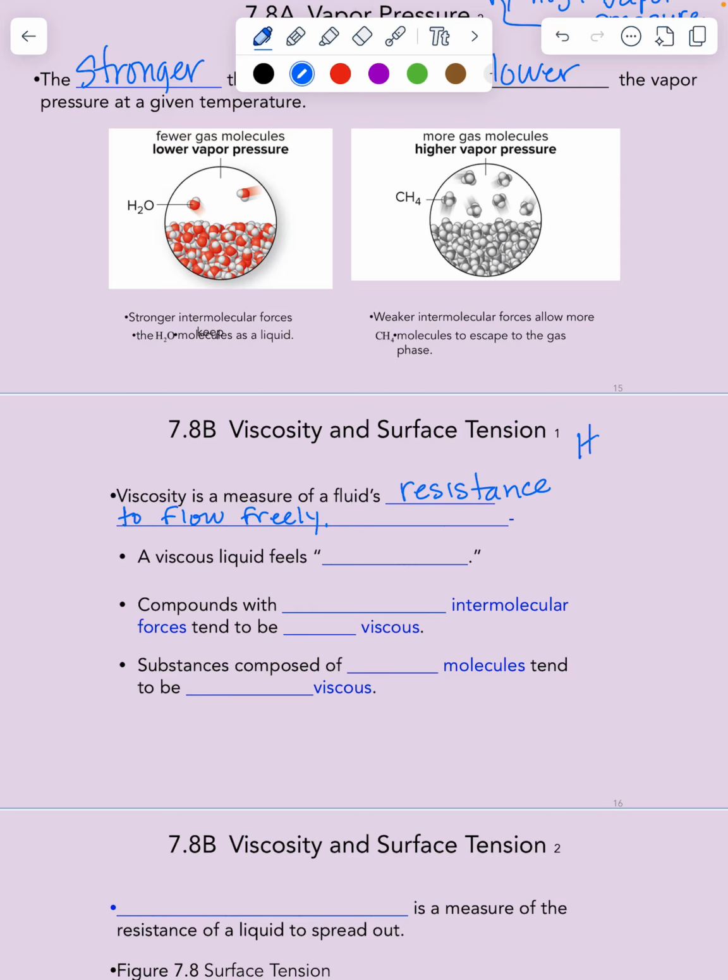It doesn't flow very freely. So a viscous liquid feels thick like honey. Compounds with strong intermolecular forces tend to be more viscous. Substances composed of large molecules tend to be more viscous.